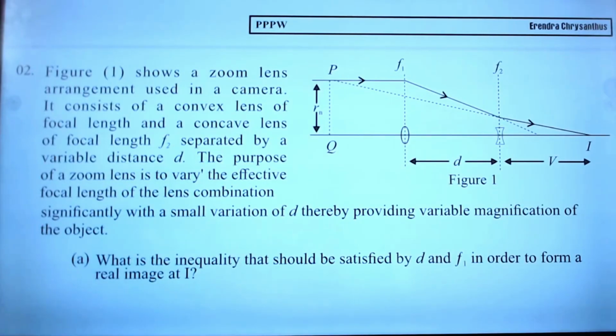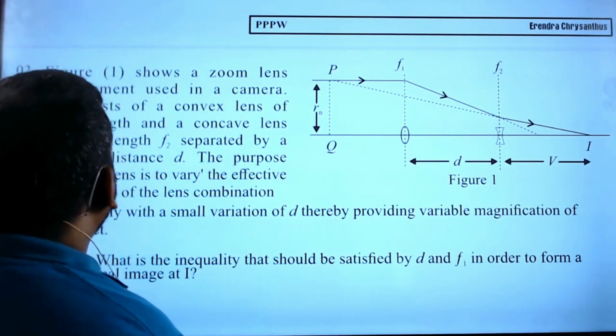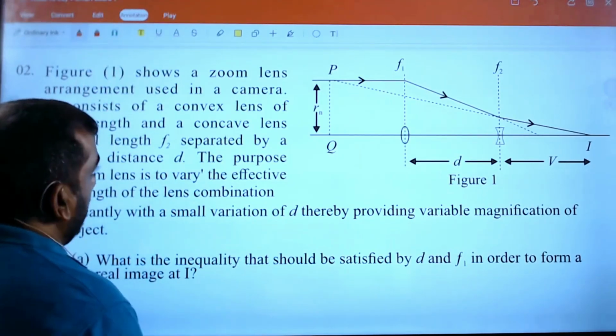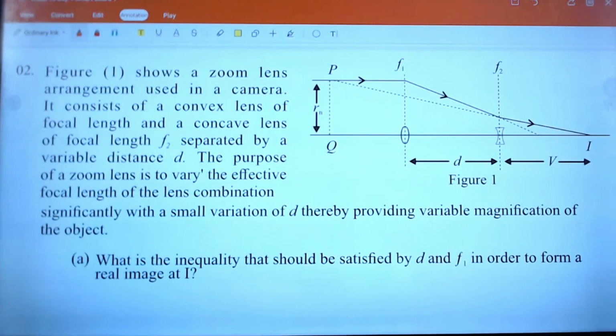Now the final essay. This is an optics question. The figure shows a zoom lens arrangement used in a camera. It consists of a convex lens of focal length f1 and a concave lens of focal length f2 with a variable distance d.